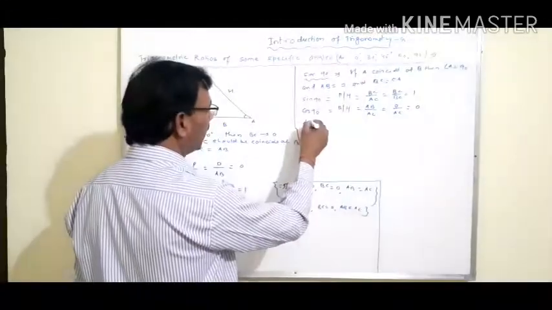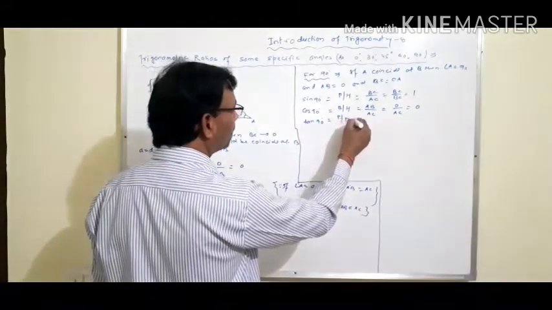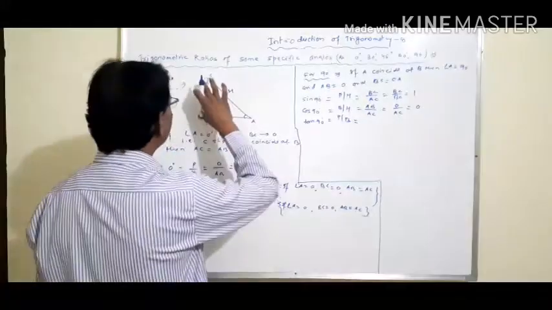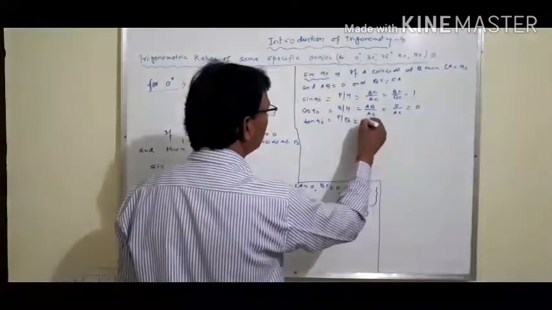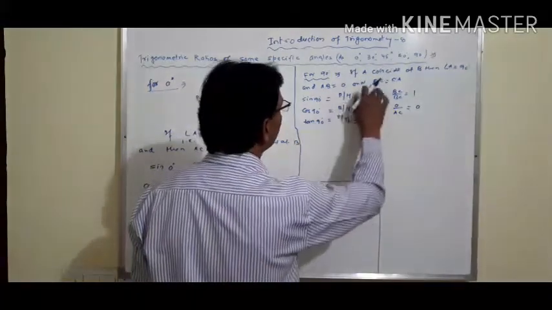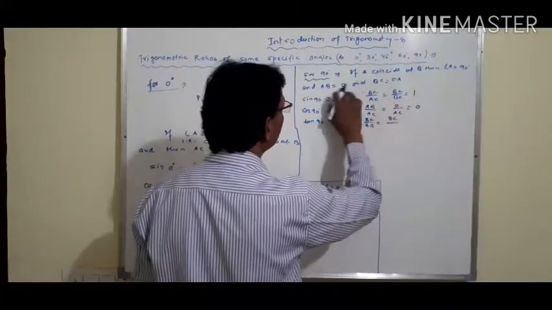Now tan of 90 equals perpendicular upon base, where perpendicular means BC and base means AB. Perpendicular BC upon AB. You can see here BC will be BC, but AB is 0.